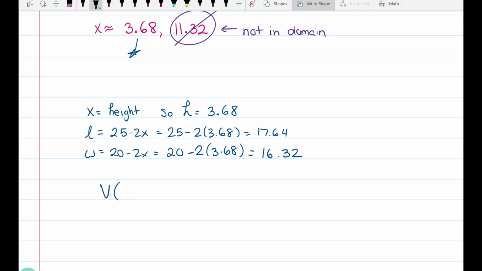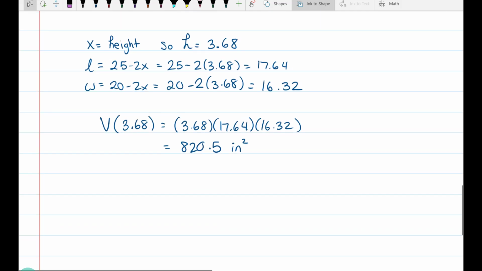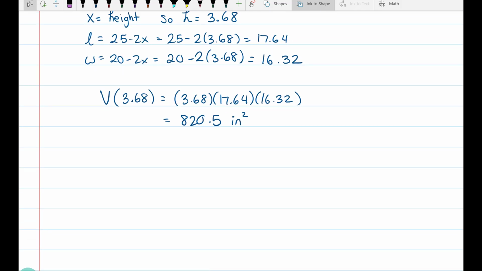Remember volume is length times width times height, so this is 3.68 times 17.64 times 16.32, which ends up being 820.5 inches cubed. Which means that we're done.